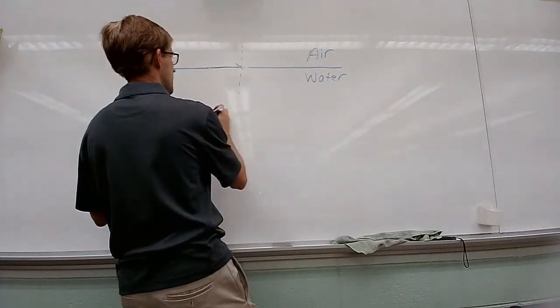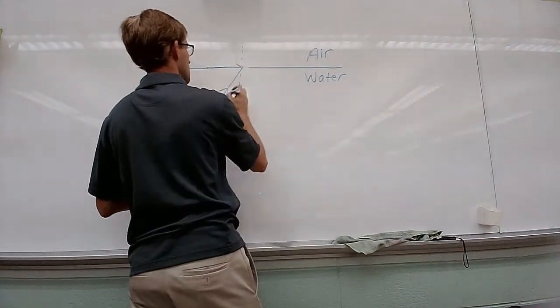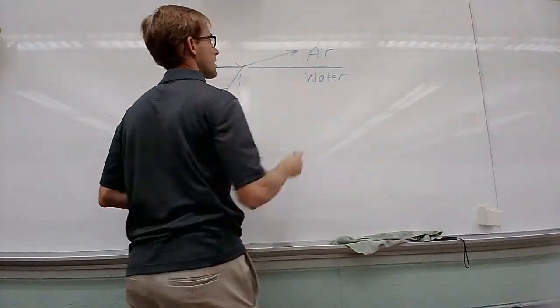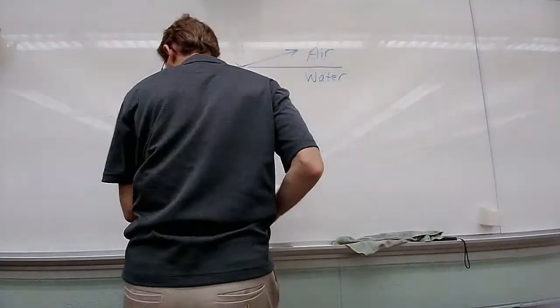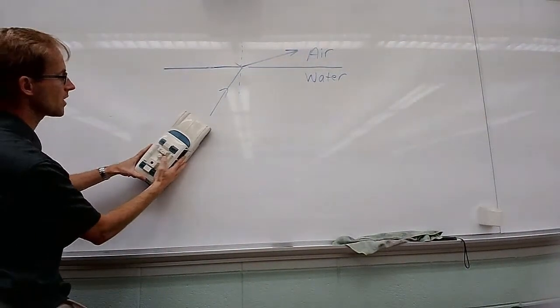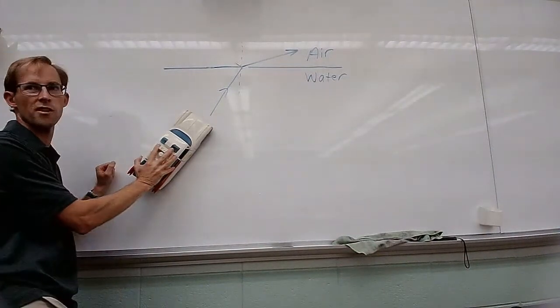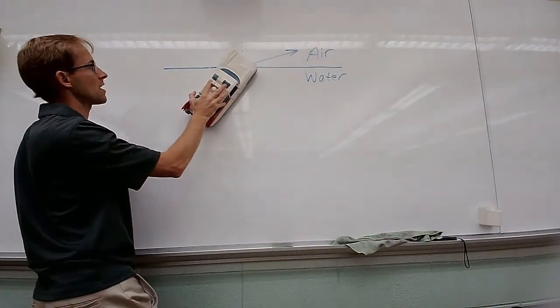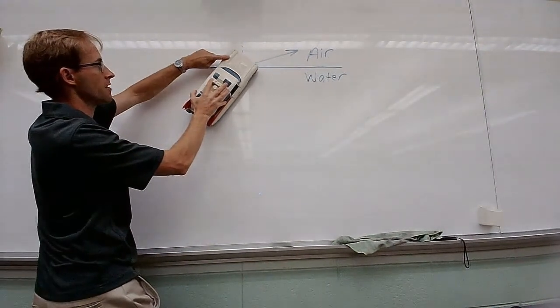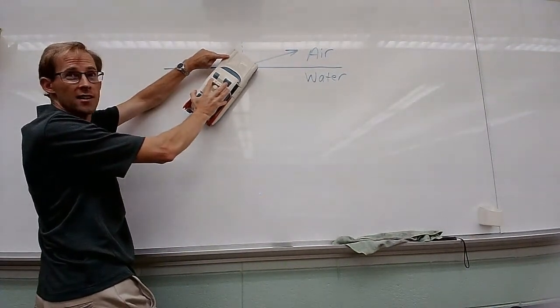When the light was coming up from underneath, we saw that it bent across. So the same thing is true here. If you begin in a slow medium, maybe it's like a very muddy road or something, and the car's moving now, the front left tire is in the air. Air is a faster medium.